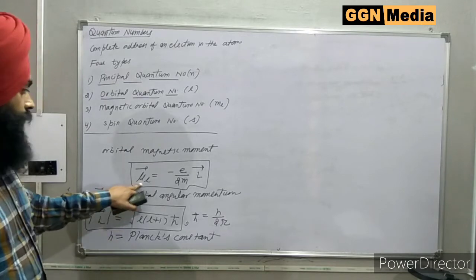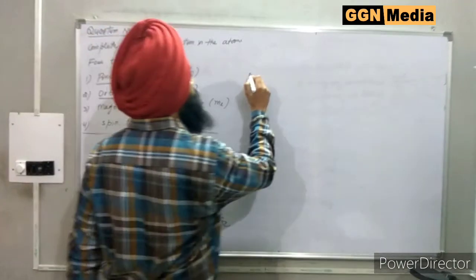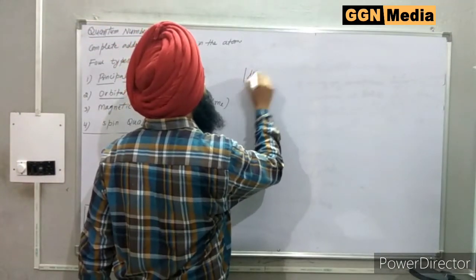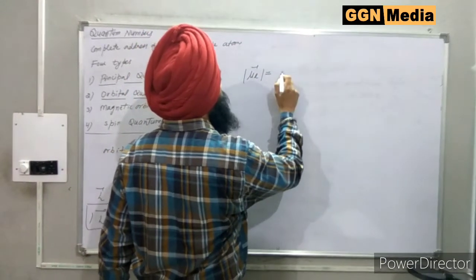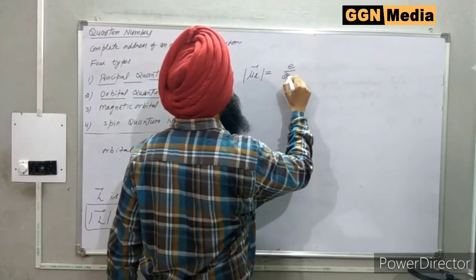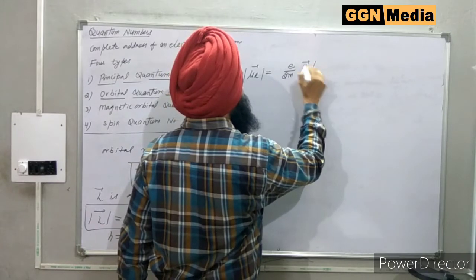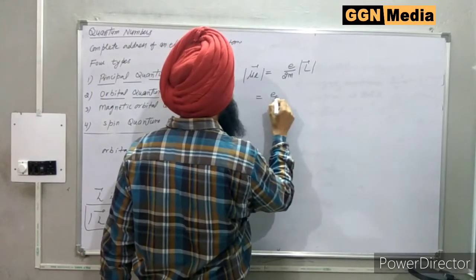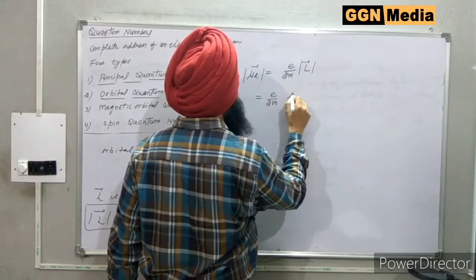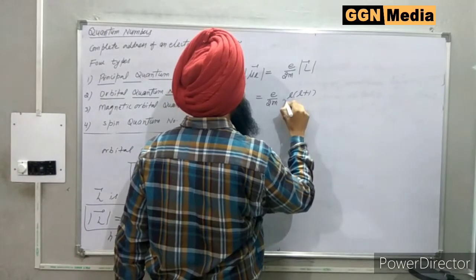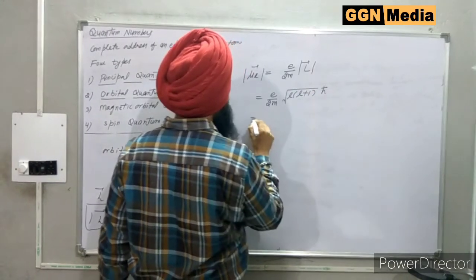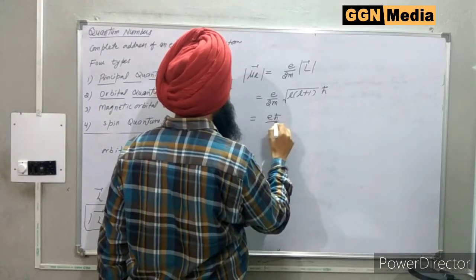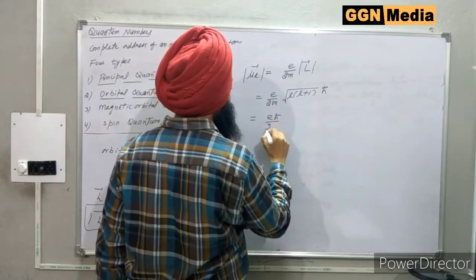If I take the magnitude of mu L, we have e upon 2m into L, or we can put h cut here.